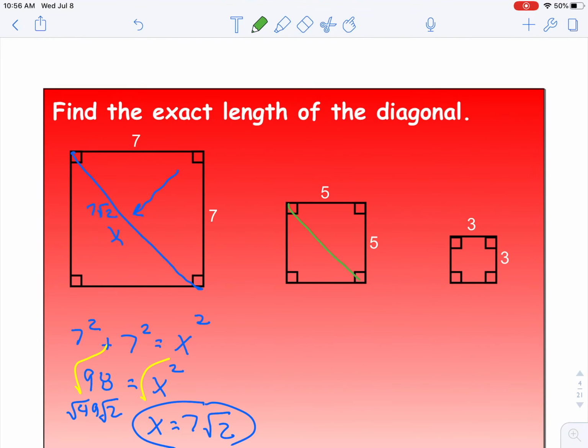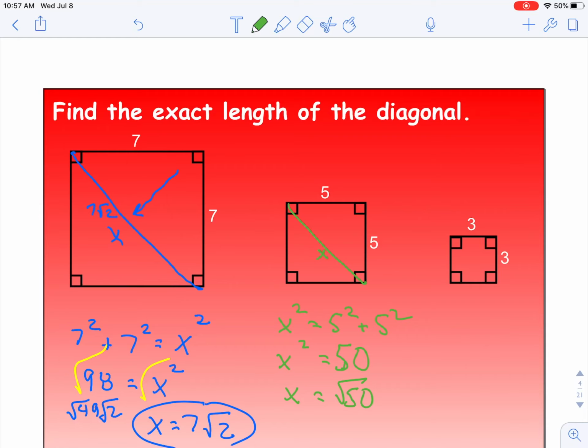So let's look at another diagonal of a different square, 5 by 5. And we want to find x here. So again, x squared is equal to 5 squared plus 5 squared, or x squared is equal to 25 plus 25, or 50. So when I take the square root, x is equal to the square root of 50.